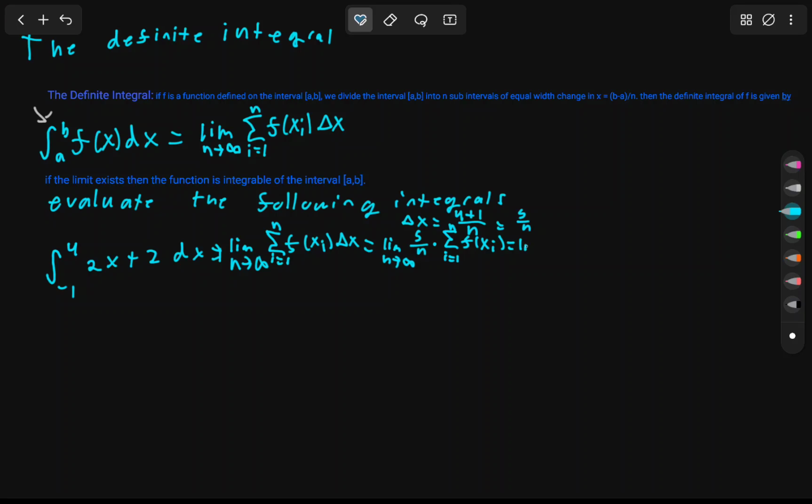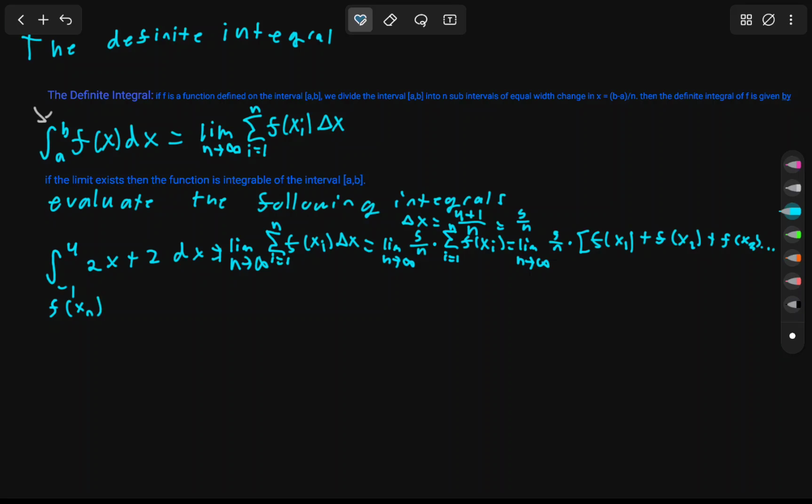So we're now going to get the limit as n approaches infinity of 5 over n times f of x of 1 plus f of x of 2 plus f of x of 3, and so on, until we reach f of x of n.